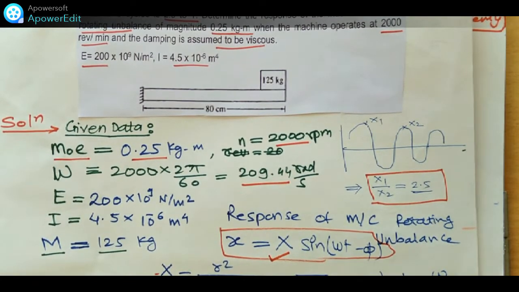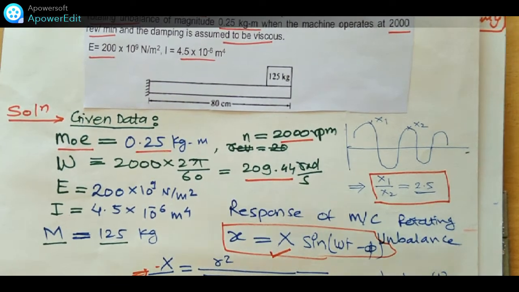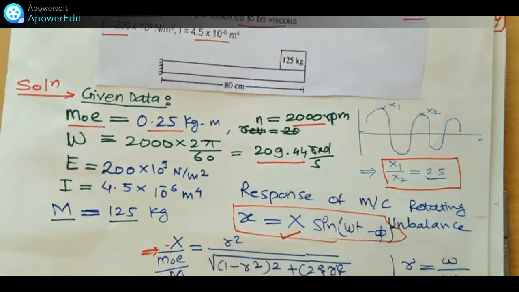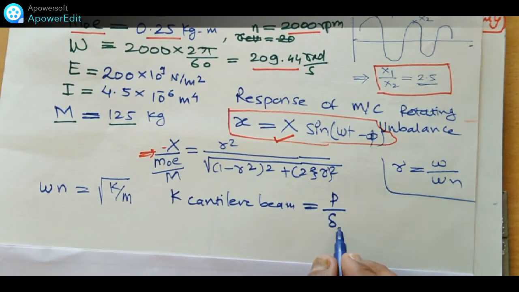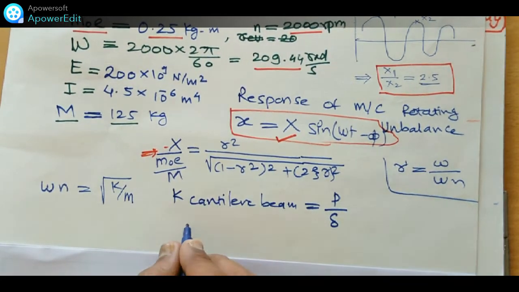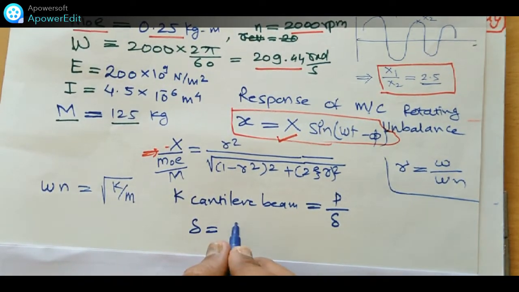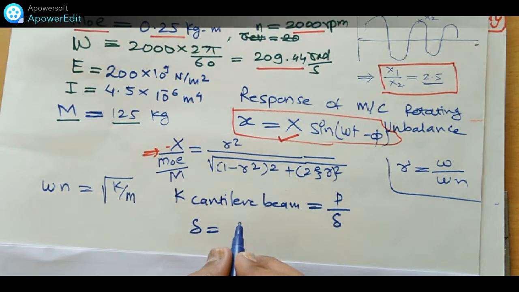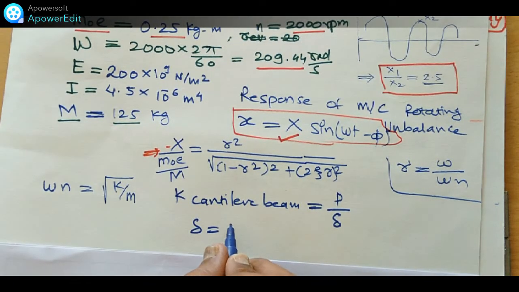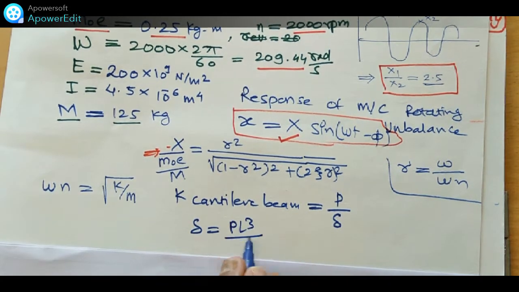How to find out this? By using the formula P upon delta. The deflection for this cantilever beam, for the square dimension, is given by the formula PL cube by 3EI.